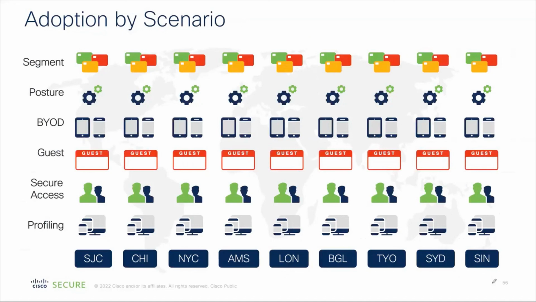The reason is, if you think about it, first you might start doing things like visibility and profiling, because you want to know what's out there, what the devices are, who my users are, so that I know what policies I need to enforce, and then I can start to secure them. And I need to do guest or BYOD scenarios. What's interesting is, depending upon your network environment, you may not have the capabilities in your hardware in every location.